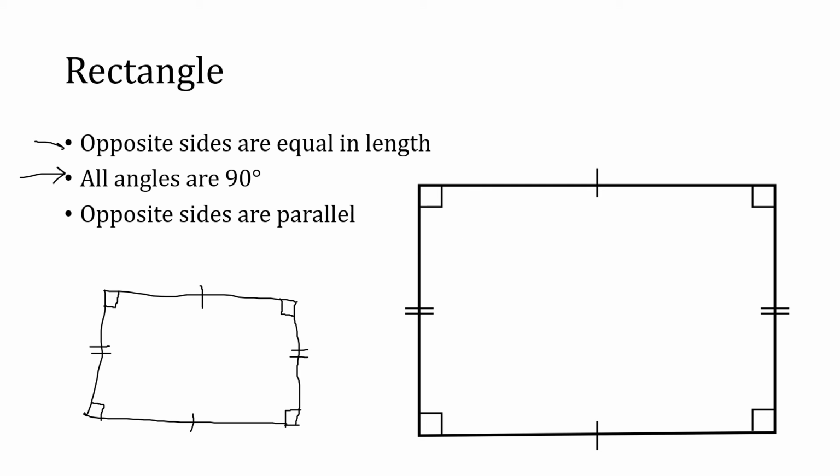But if we want to be specific and explain clearly that this side is parallel to this one, we can add in the arrows for them being parallel, and then do the same thing here and here, with a different number of arrows to indicate that they're parallel but in a different direction. So there we go. That's as easy as it can get for the rectangle. Let's move on.